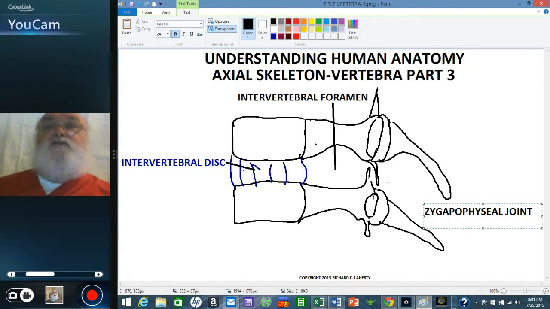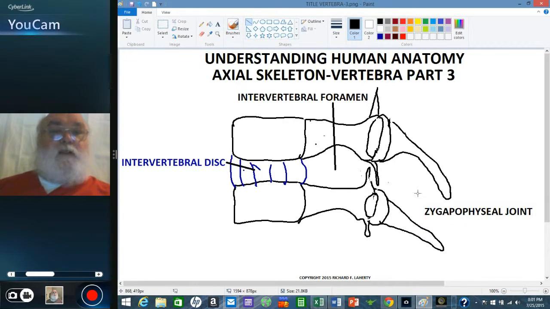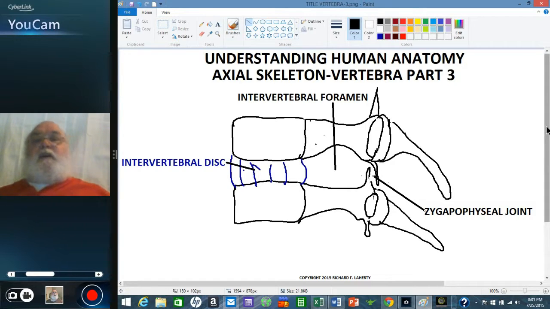It is a true synovial joint. Synovial joints are joints that are freely movable. It's the kind of joints we have in our shoulder, in our hips, in our elbows, in our knees, in our wrists, in our hands.